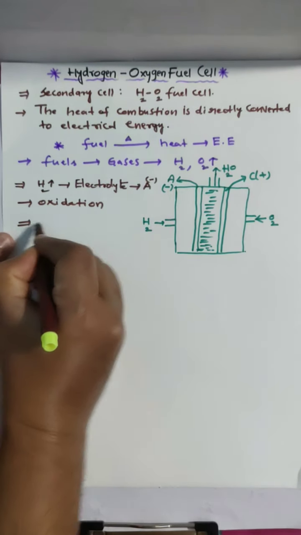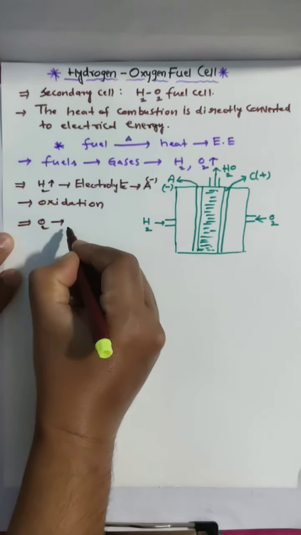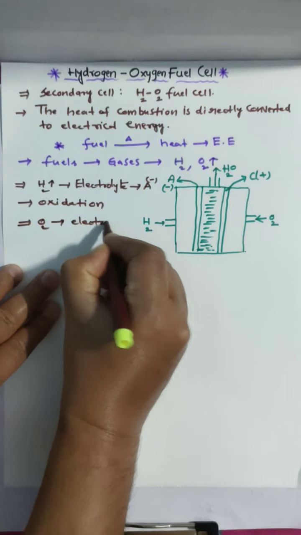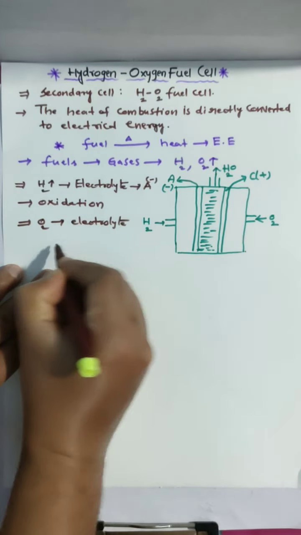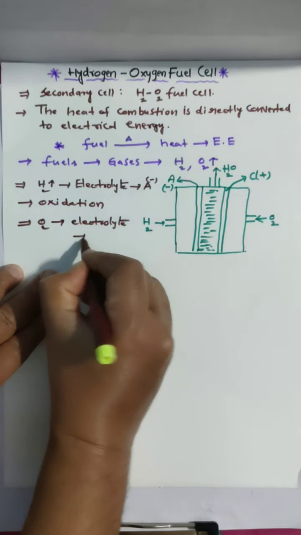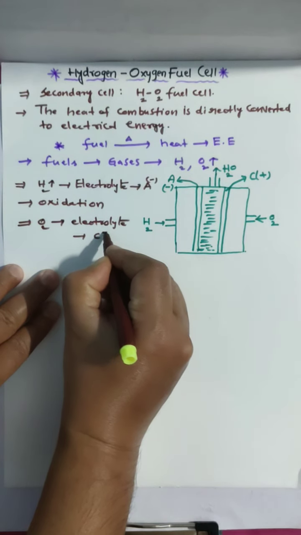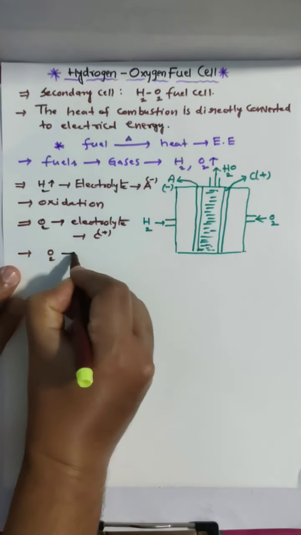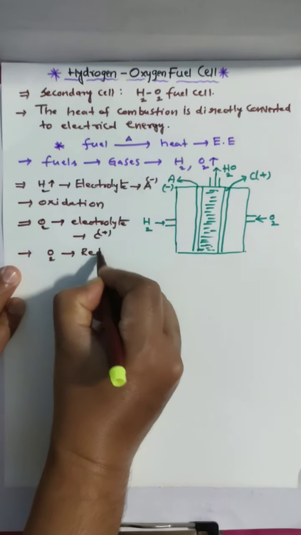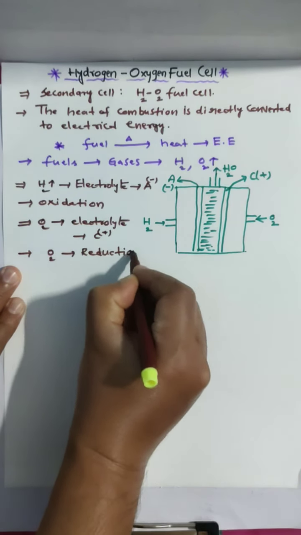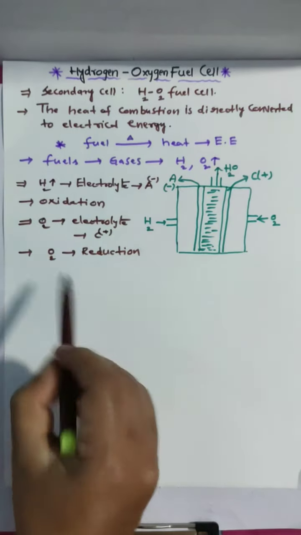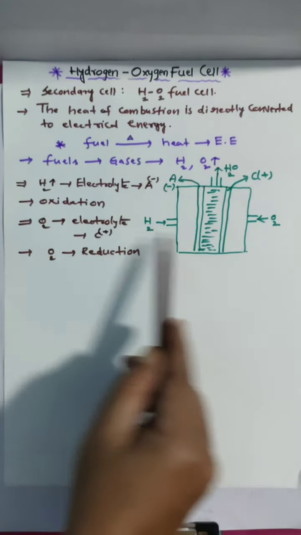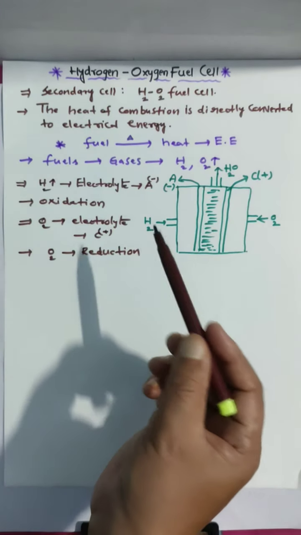Similarly, oxygen gas is bubbled through the electrolyte at the cathode, here positive, and this oxygen undergoes reduction. It is a redox reaction. Hydrogen undergoes oxidation at the anode, oxygen undergoes reduction at the cathode.